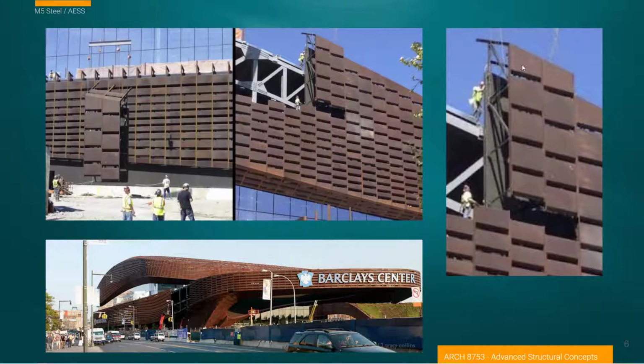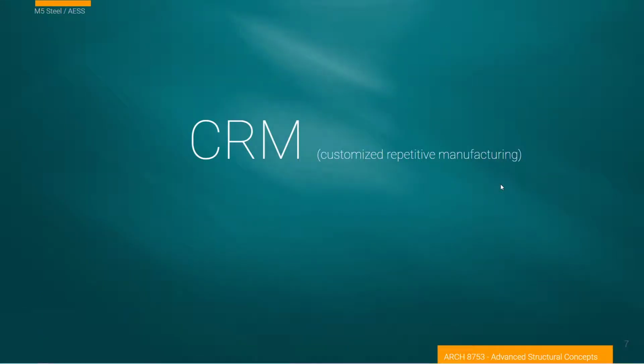So we can think about making our form do anything it wants and then carrying it back to commonality, common points within the building structure to make our attachment with these truss systems. And then we'll pick up in the next one on customized repetitive manufacturing.